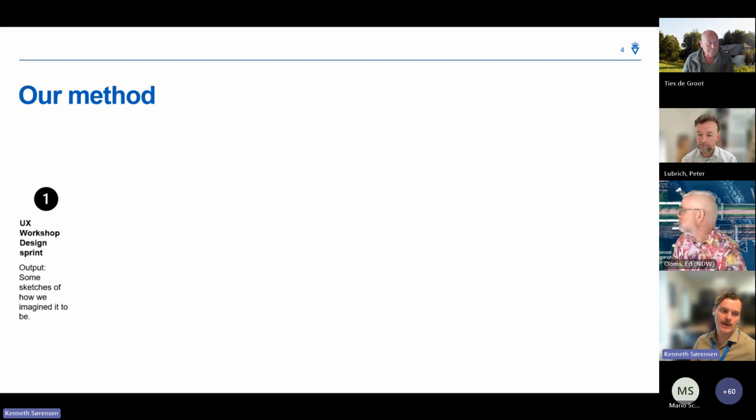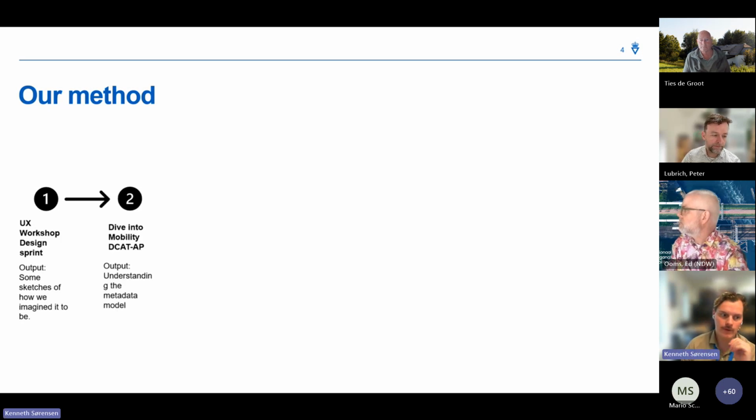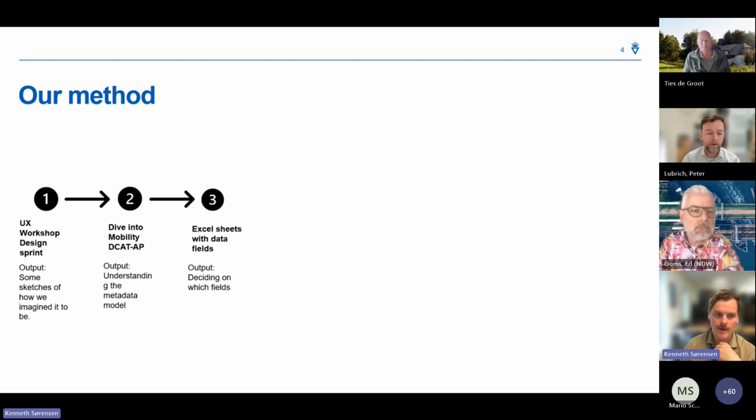But we started out with having a UX design workshop where we made a design sprint, and this we did to have some sketches of how we imagine our new metadata entry page to be. Then we dived into the mobilityDCAT-AP, and it was to understand the metadata model better. And then we made an Excel sheet with all our data fields and which kind of properties we wanted in our model, deciding on which fields.